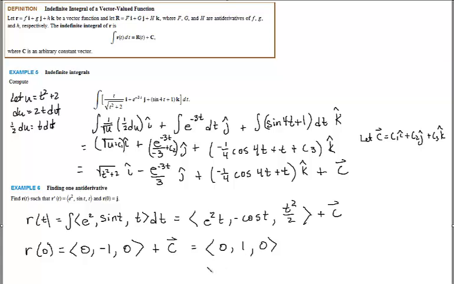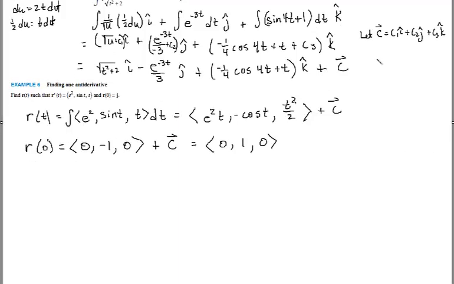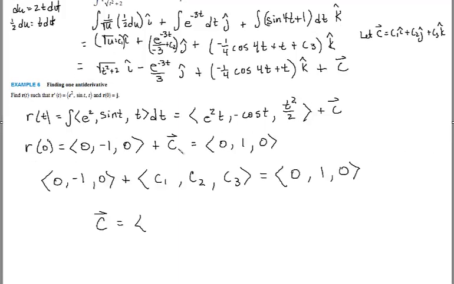That lets me know that, and I'll need a little more room. I'll write this. Okay, I just wrote down the fact that the c vector is 3 separate constants in each of these directions. Looks like c1 is 0. c2 needs to be a 2 in order for negative 1 plus 2 to be equal to 1, and c3 is also a 0.